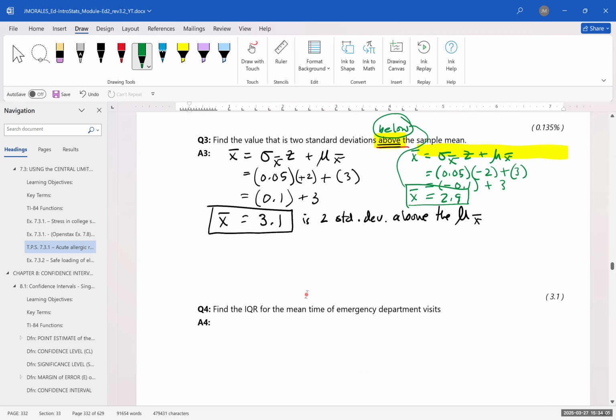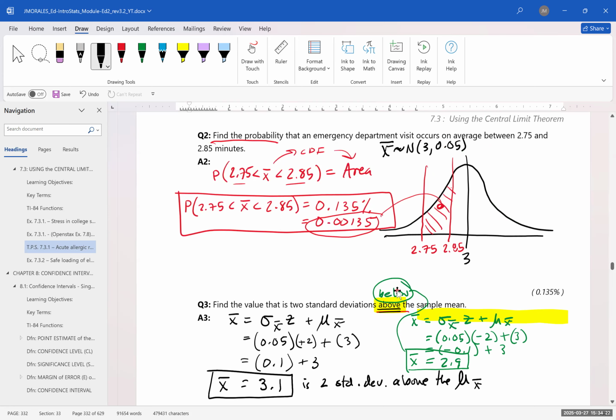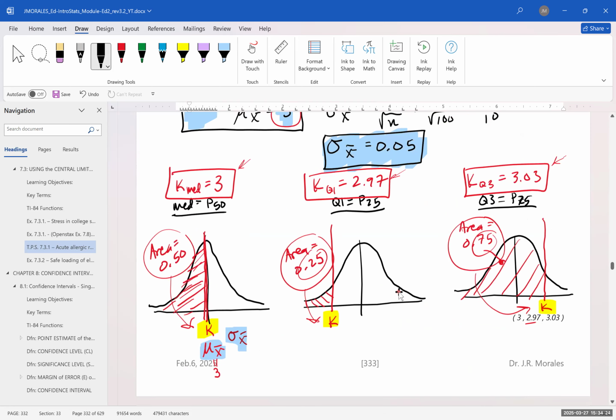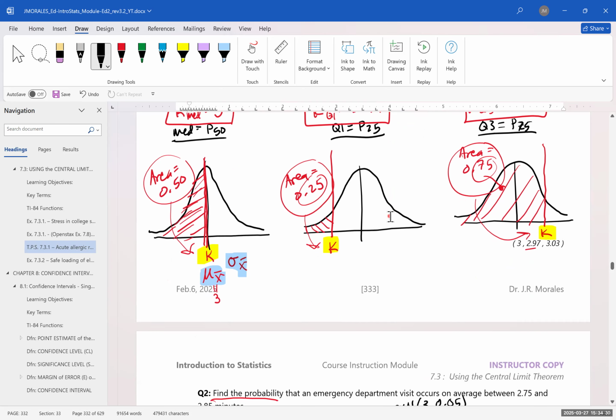All right. Question 4 is to find the interquartile range. So the interquartile range is equal to the third quartile minus the first. And these were values that we calculated earlier. So the third quartile is 3.03, and the first quartile is 2.97.